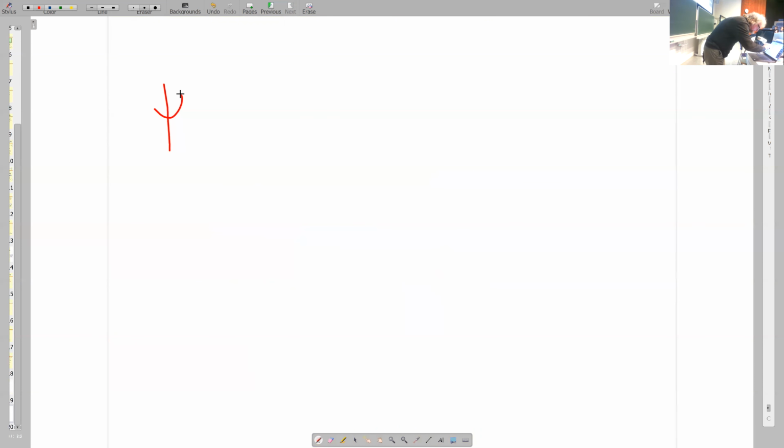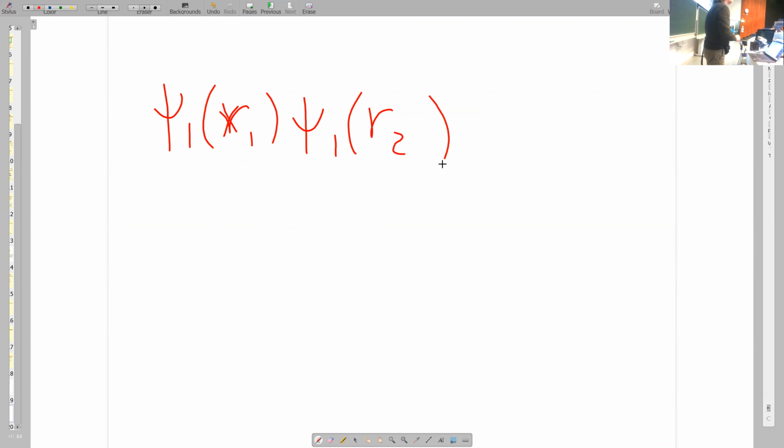So I take level 1 and I load two particles into there. Now I'm going to permute. I got an alternative.